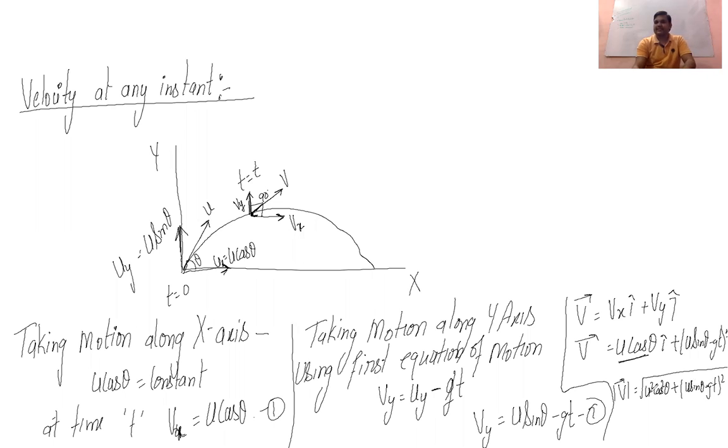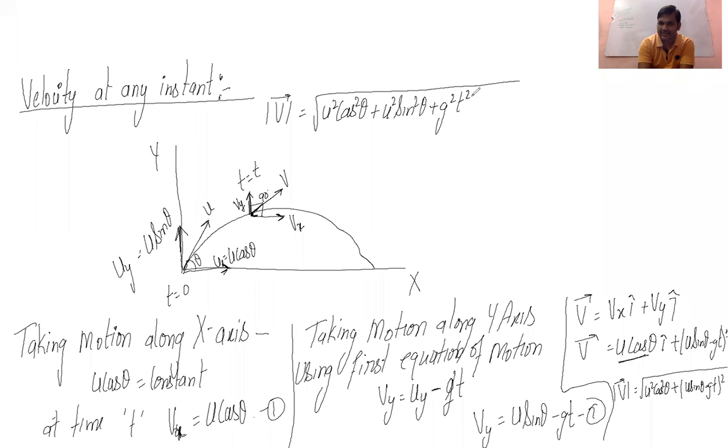If we expand these terms, the magnitude of velocity at any time t will be u square cos square theta plus u square sin square theta plus g square t square minus 2u sin theta gt.